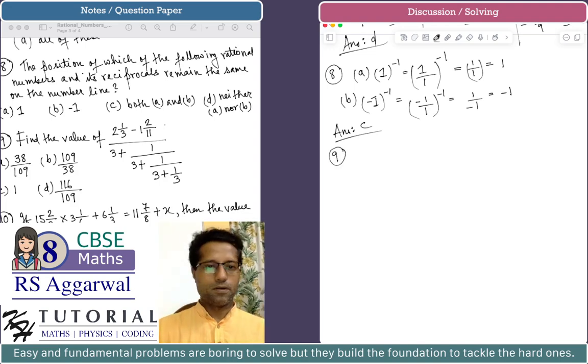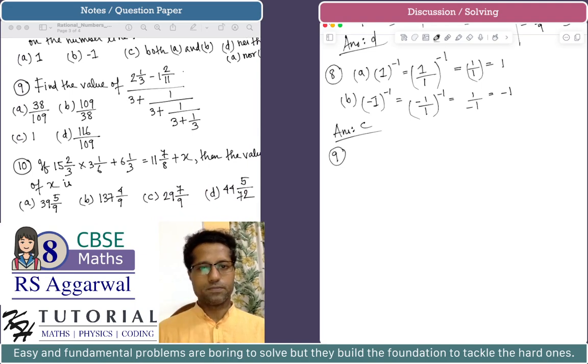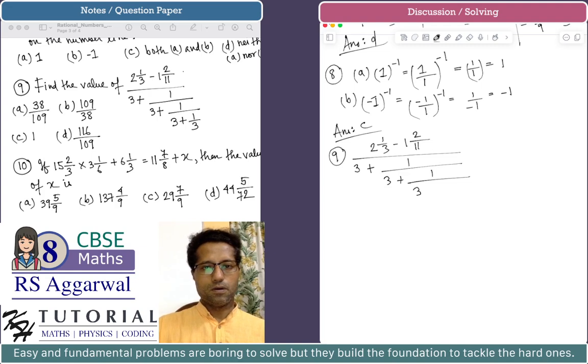Let's do problem number 9. Find the value of some complex expression. It is 2 and 1/3 minus 1 and 2 by 11, divided by 3 plus 1 by 3 plus 1 by 3 plus 1 by 3.